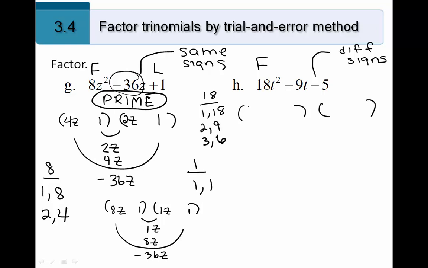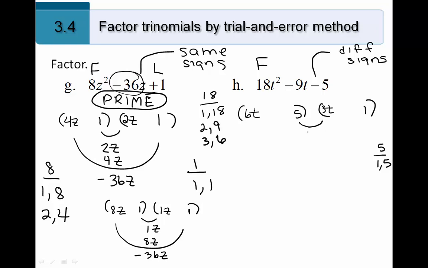I'll start with 3 and 6. 6t times 3t. Factors of 5: 1 and 5. And I'm going to put the 5 with the 6 and the 1 here.